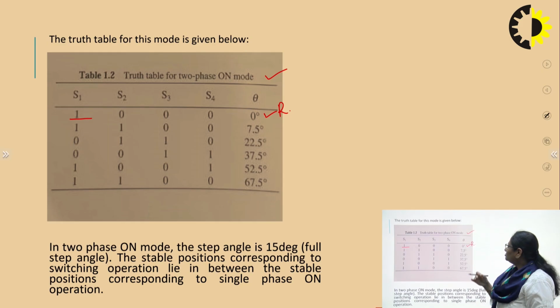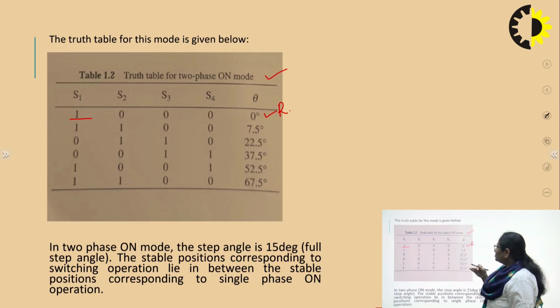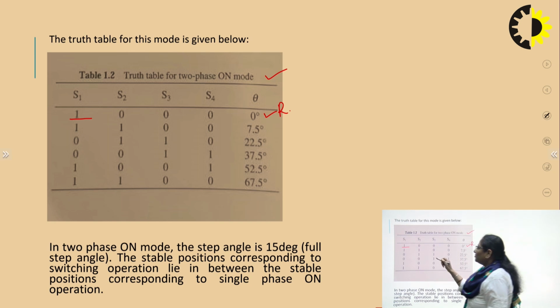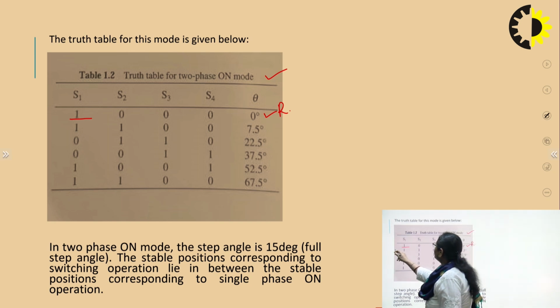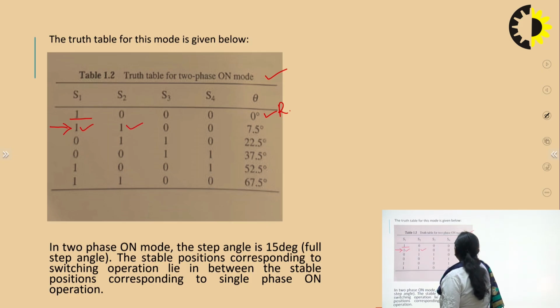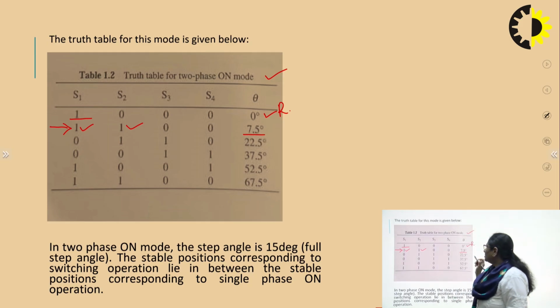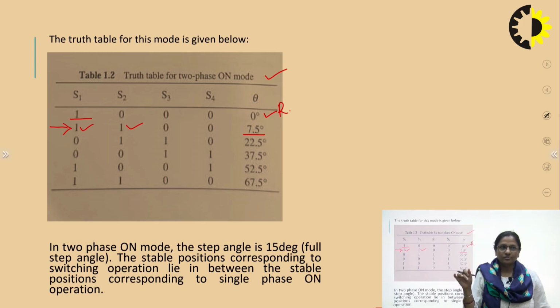This is assumed to be the reference position of rest for the rotor. Now, the operation of the machine starts with the first sequence, and the first sequence is turning on S1 as well as S2 together, and we will get a rotation of the rotor by 7.5 degree from the reference position of rest.